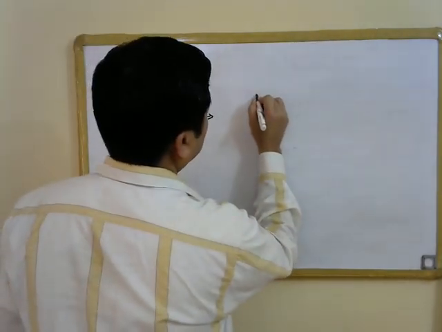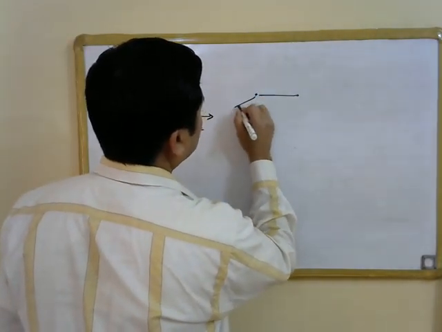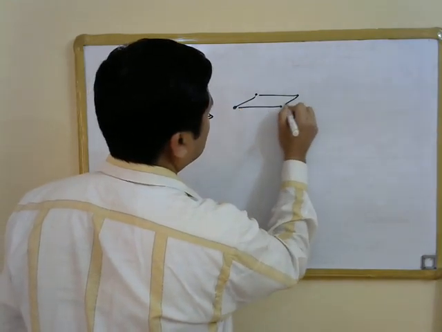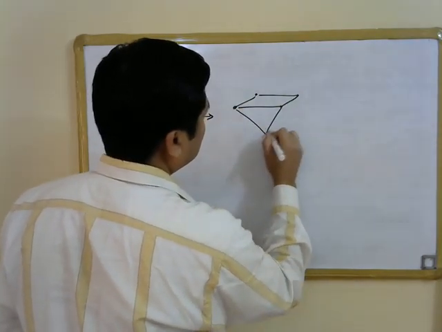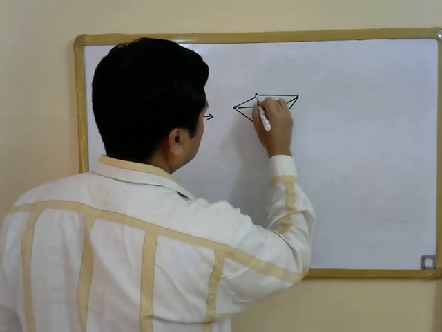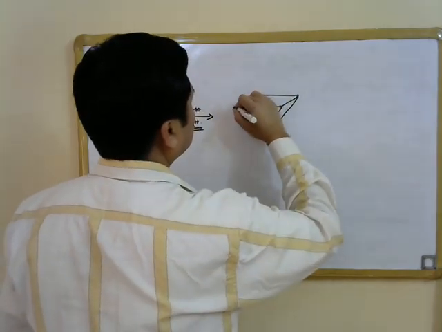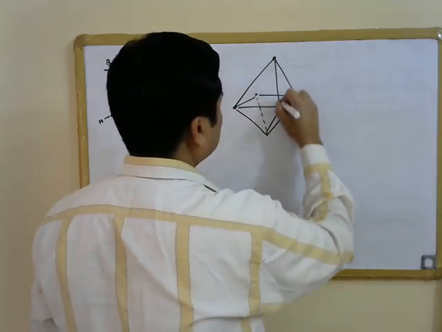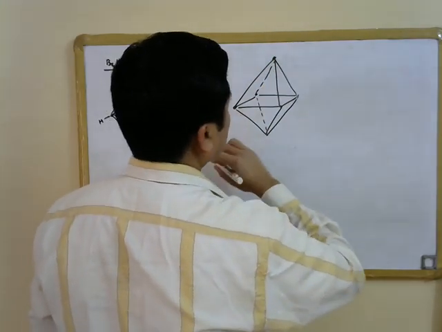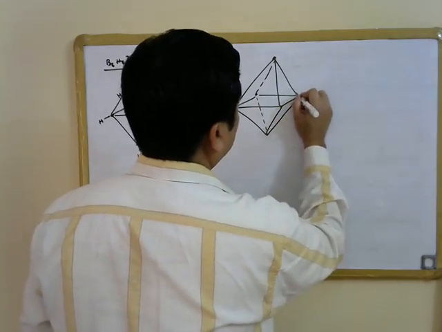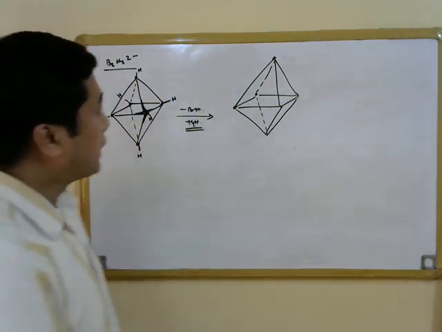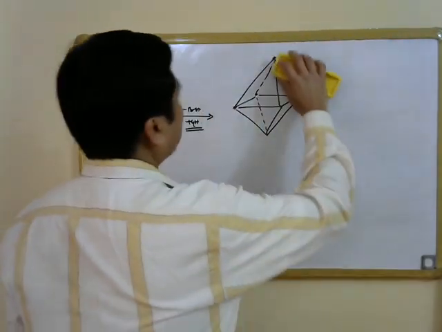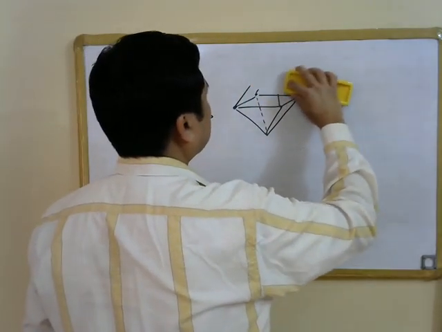Let us once again draw the octahedron here and then wipe off one of the corners. So this is the octahedral structure we have drawn once again, and let us now wipe off one of the corners of this octahedral structure.